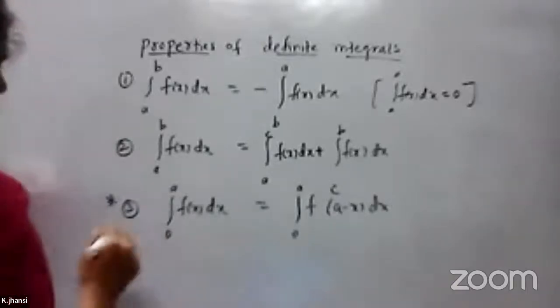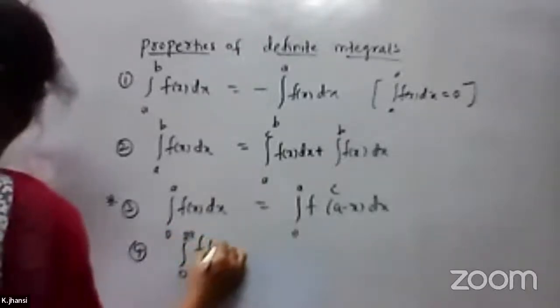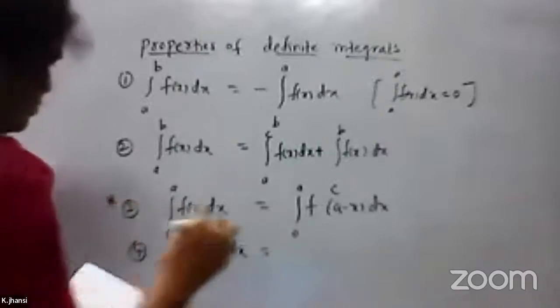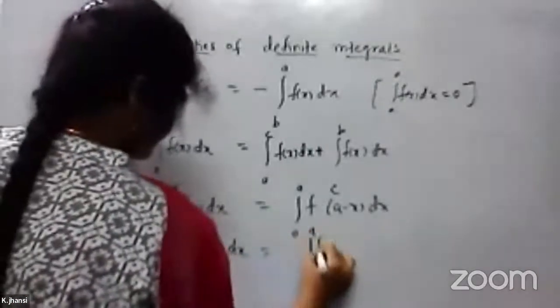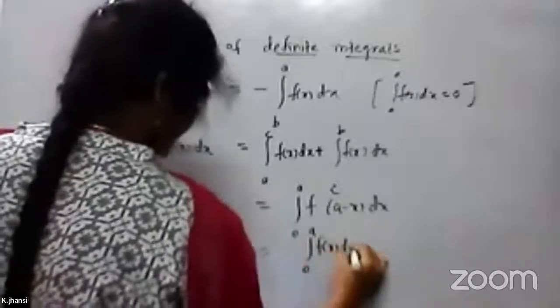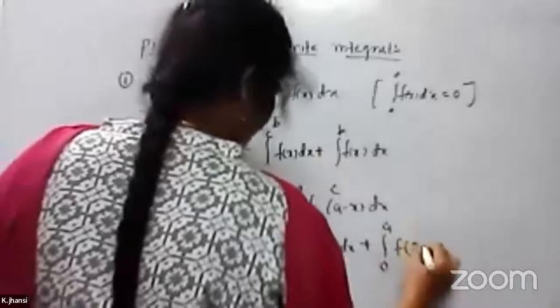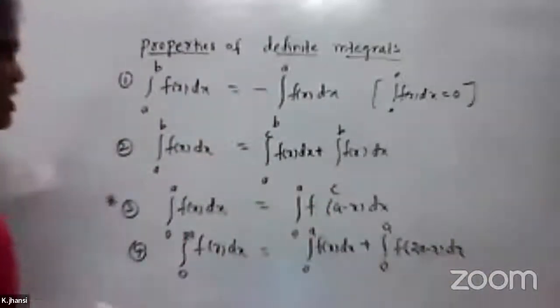Next, the fourth one: 0 to 2a f of x dx. You are able to see, no? So it is 0 to a f of x dx plus 0 to a f of (2a minus x) dx.